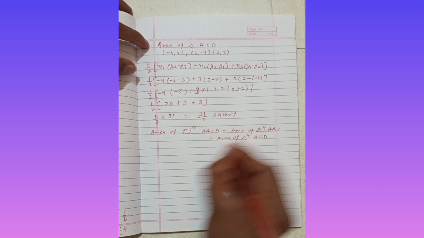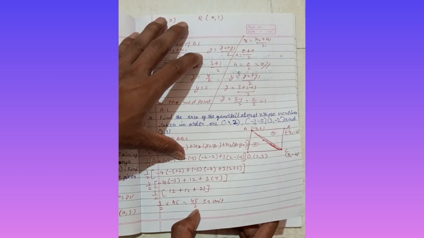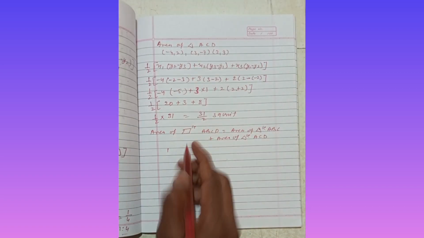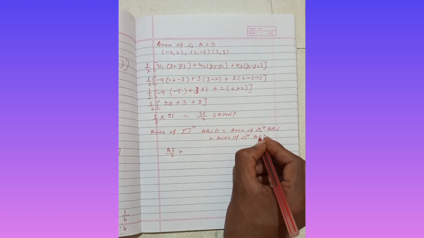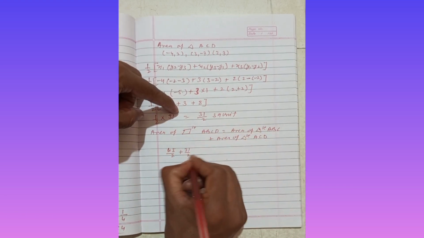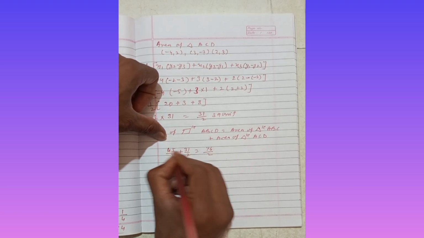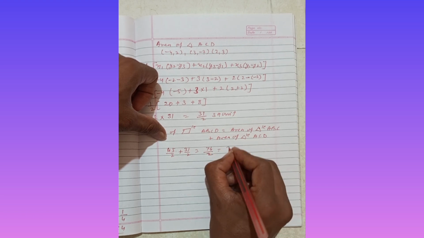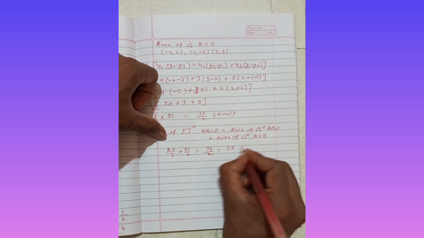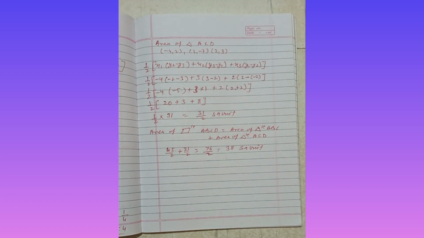We got 45 by 2, plus area of triangle ACD, we got 31 by 2. So what will become? It becomes 76 by 2. 45 plus 31 is equal to 76, which becomes 38 square unit, and hence the area of this quadrilateral is 38 square unit.